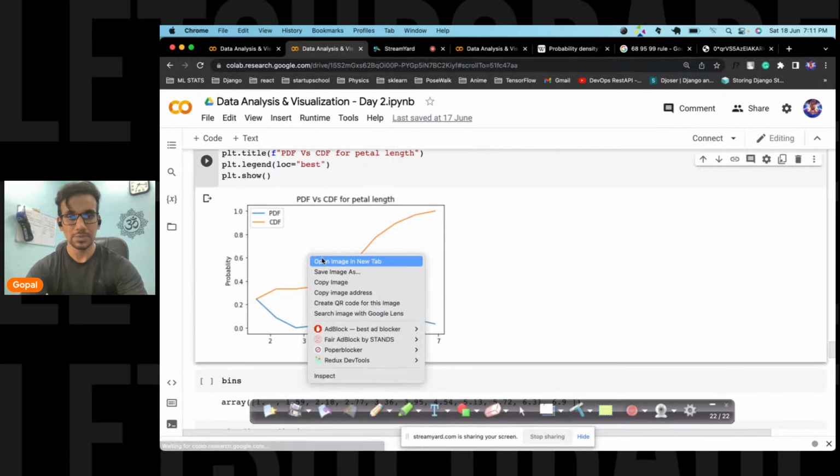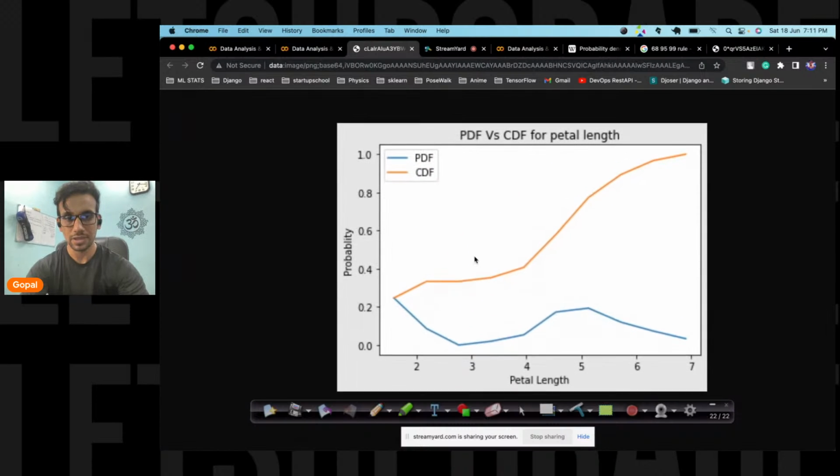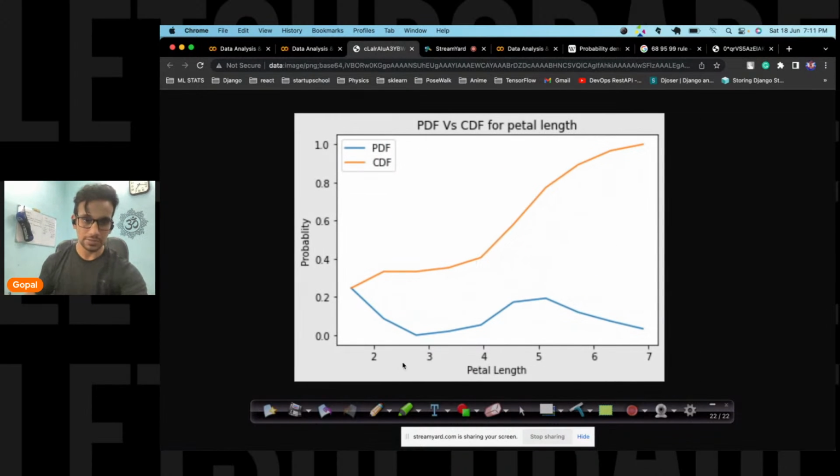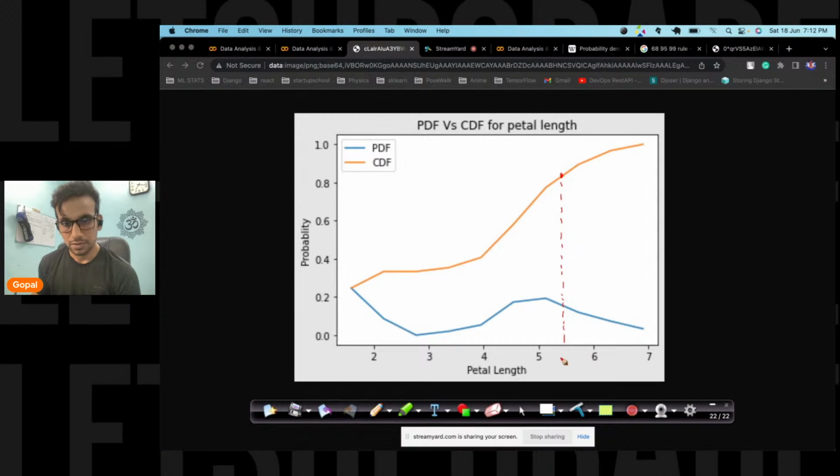And if I want to interpret some information from this graph, how exactly can I do it? Let's see. For this one, we have 5.5, and we have got here this one.